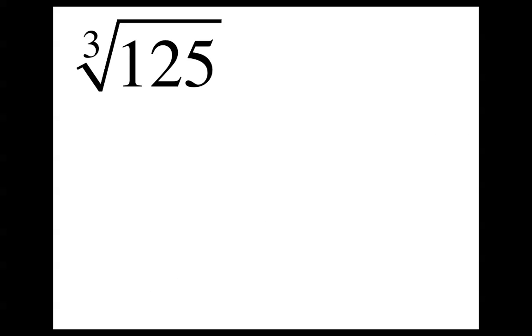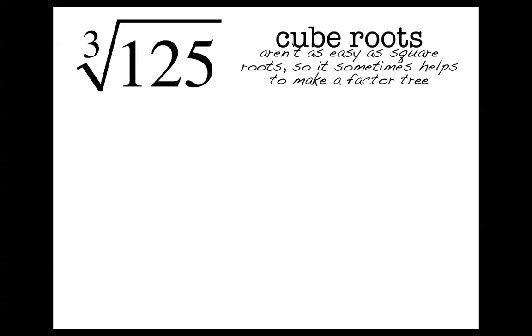All right, then what if I had the cube root of a big number like 125? Cube roots aren't as easy as square roots because it's not as easy to find 3 numbers, a trio, a triple, instead of 2. So sometimes it helps to make a factor tree. Remember, a factor tree is where you take the 125 and you split it up into, well, I know it's 5 times 25, but then 25 can get broken up into 5 times 5.